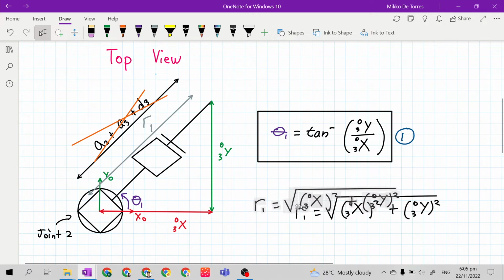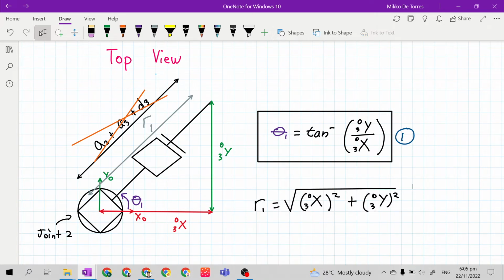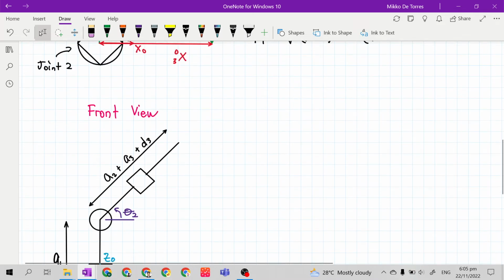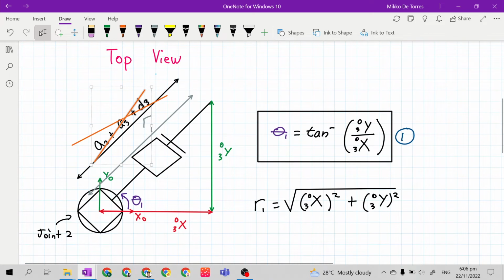Okay, so this is not yet a solution, because r sub 1 is not a joint variable. We still don't have a solution for d sub 3 and theta 2. So we only solved the solution for theta 1 at top view.